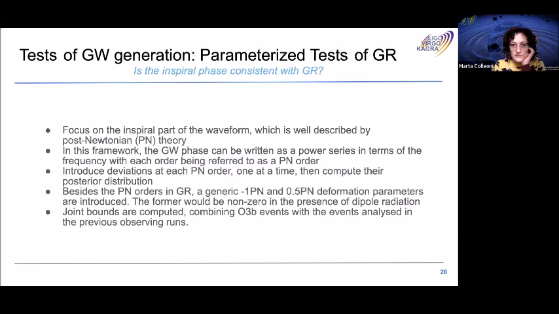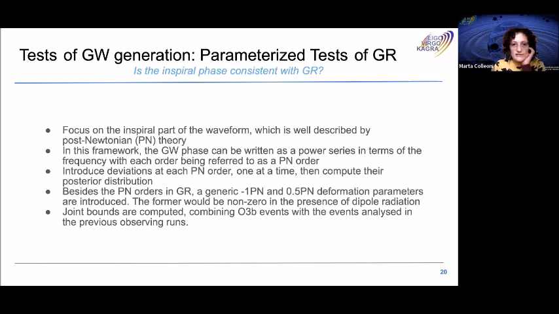So let's talk about the first test. Here we focus on the inspiral part of the signal. And we ask ourselves, is the inspiral phase consistent with general relativity? So as Arun mentioned, the inspiral part of the signal is well described by the post-Newtonian approximation. And in this framework, we can write the gravitational wave phase as a power series in terms of the frequency, with each order being referred to as a PN order.